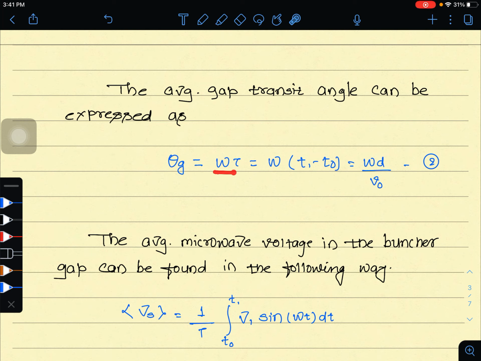Theta g is equal to omega t, where t is the difference between exit and entering times. So we can write omega times (t1 minus t0), and t1 minus t0 is replaced by d by v0. So theta g is equal to omega d divided by v0, and now this equation number 2.